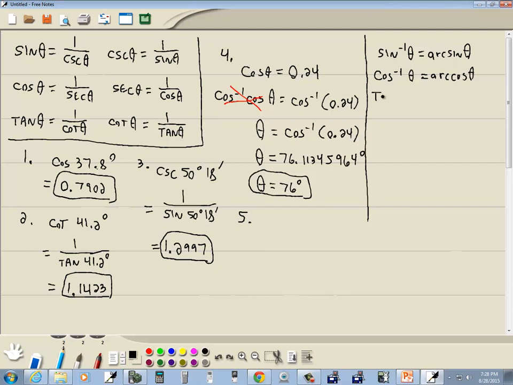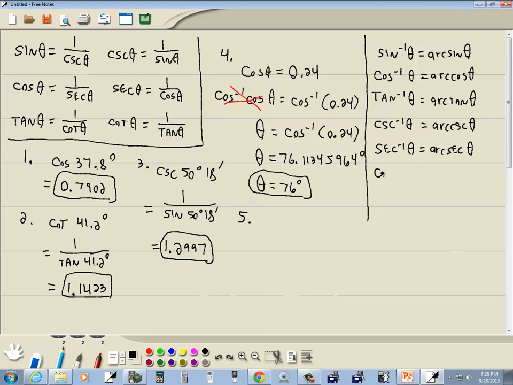And then if you have inverse tangent of theta, you can rewrite that as arctan of theta. If you have inverse cosecant, you can rewrite that as arc cosecant of theta. If you have inverse secant, you can rewrite that as arc secant of theta.